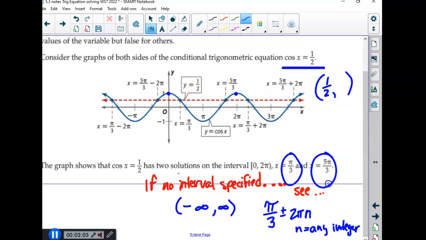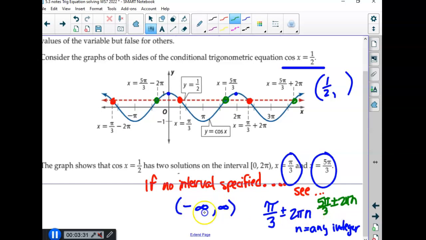And then the other answer, so that would cover the pi over 3 right here where it hit 1/2. And this one, and this one, okay? But to cover these other places, here, and here, and here, then we would have to say it's 5 pi over 3, and you could keep adding 2 pi multiples forever.